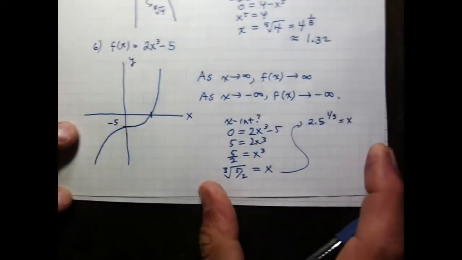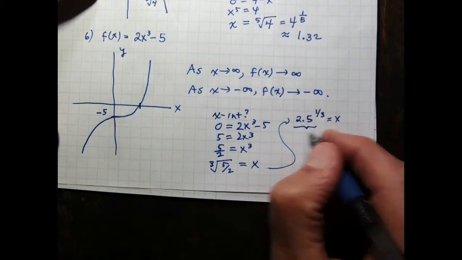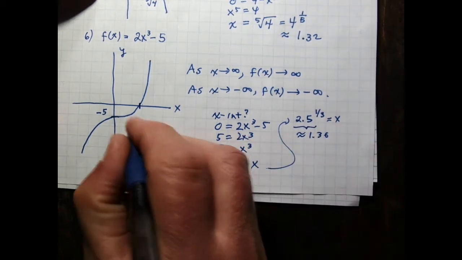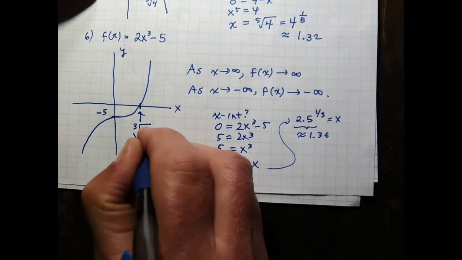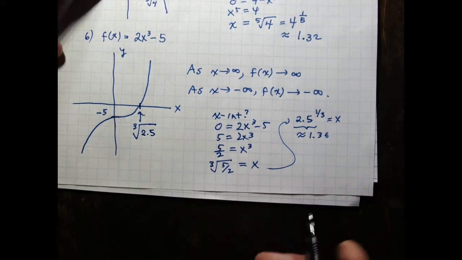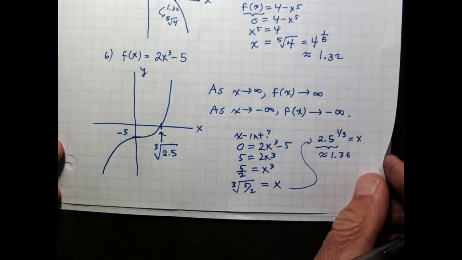It's another way to express that same thing. Let me see if I can... 2.5. I got 1.36 when I round off. So the exact value is the cube root of 5 halves, which is the x-intercept. So a little extra calculation there just to label our intercept.